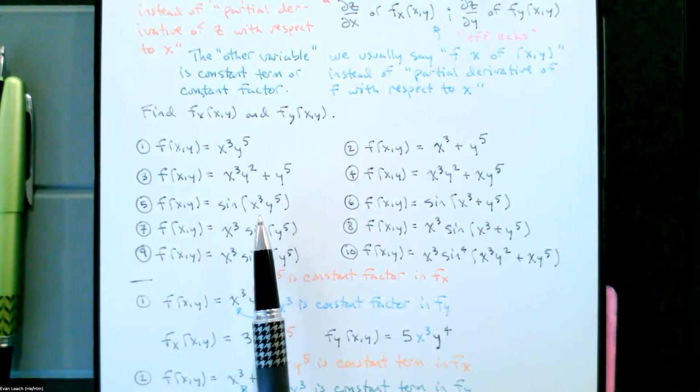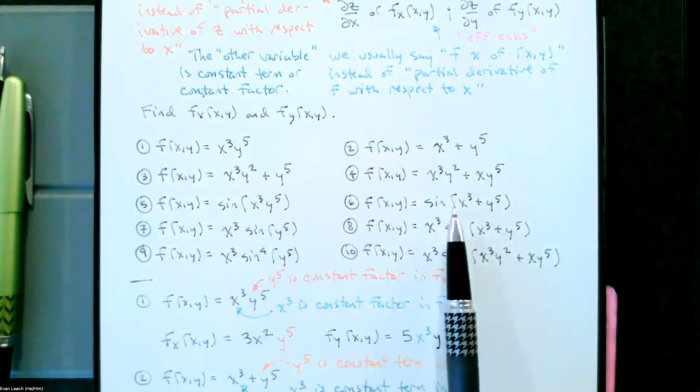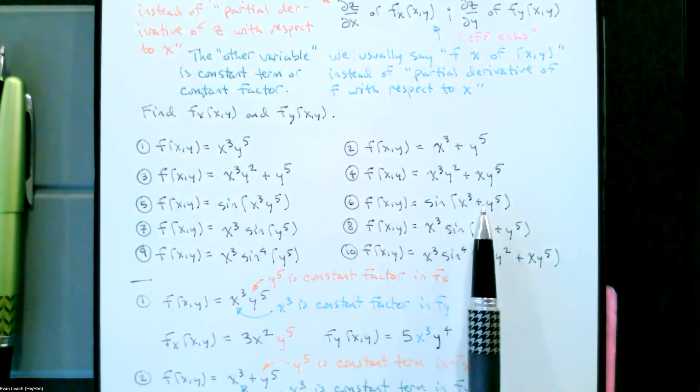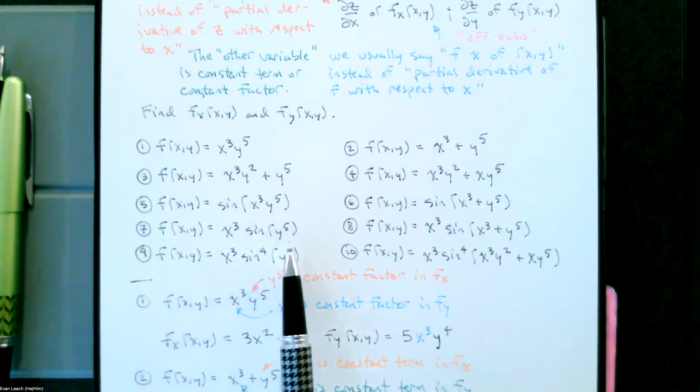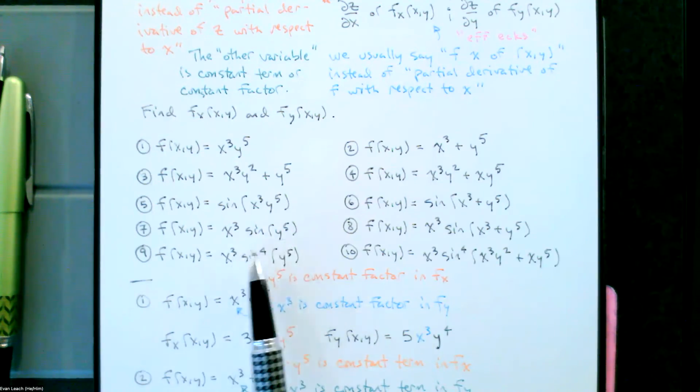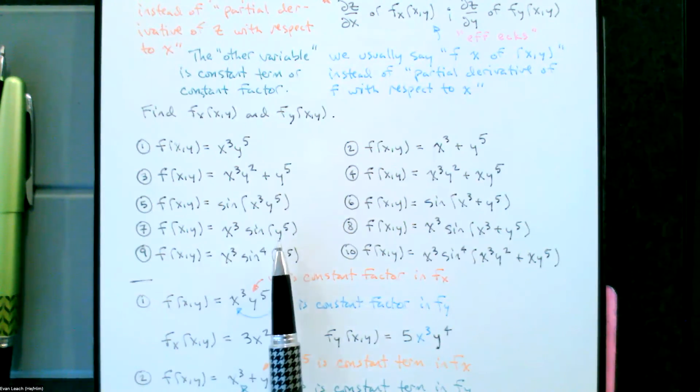And that derivative would be either the fx or the fy. Similar in problem number 6, this is chain rule. In problem 7, I've got an x cubed and a sine of y to the fifth. In this setup, for fx, x cubed is the function, and sine of y to the fifth is all just a constant factor.